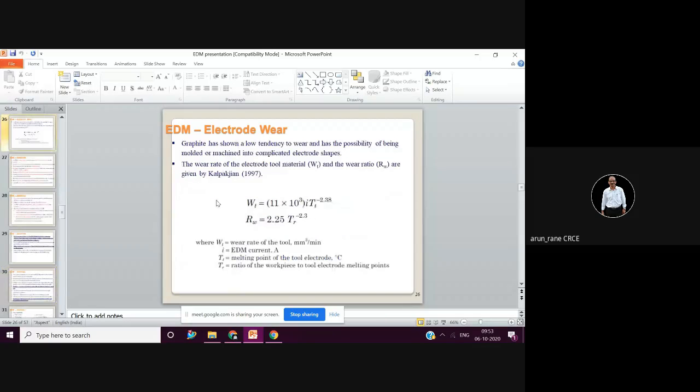Here is a mathematical model to calculate the wear rate of the electrode tool material and wear ratio. Just if anybody is interested. So wear rate of the tool is given by this. As you can see here, wear rate is a function of I and T. So it's a function of current and it's a function of melting point of the tool electrode, that is TT.